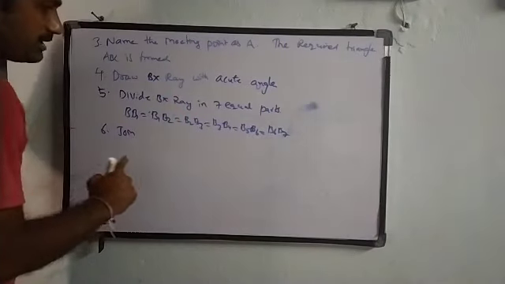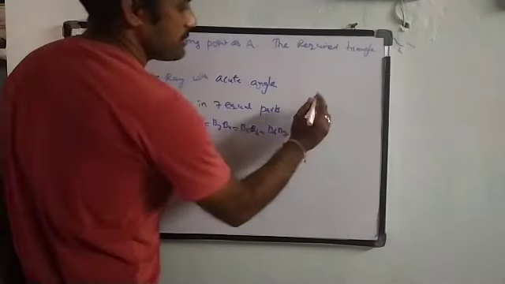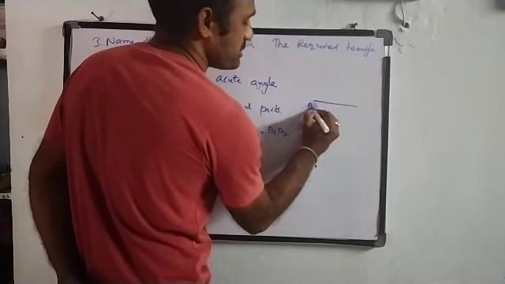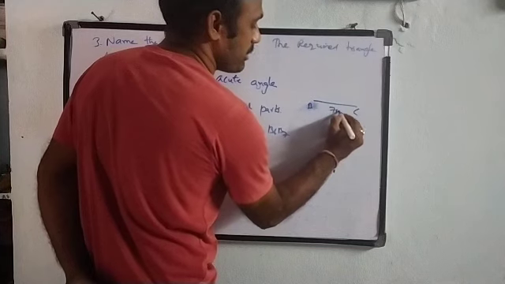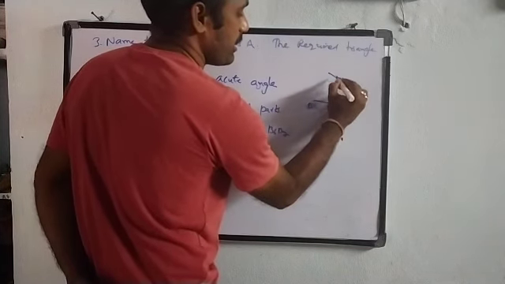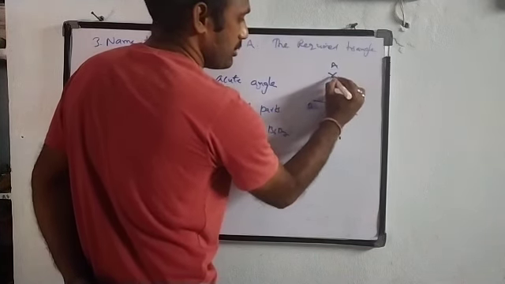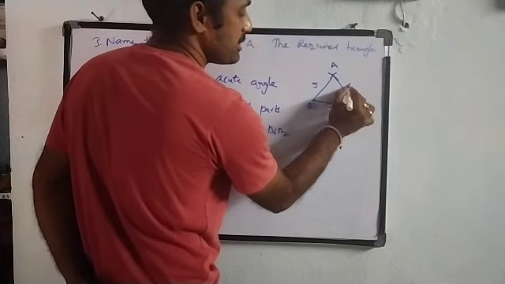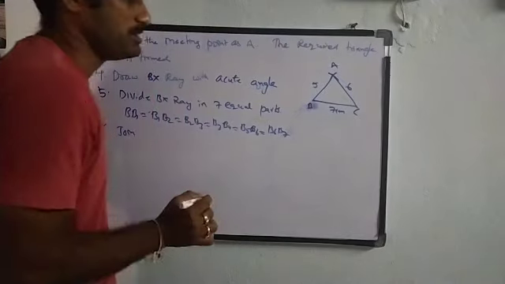As I have said, we first need to construct triangle ABC. So first on the base I am going to draw BC, which is 7 centimeter, and from B as center, A is 5 centimeter, and here it is 6 centimeter. So the required construction of triangle ABC is over.